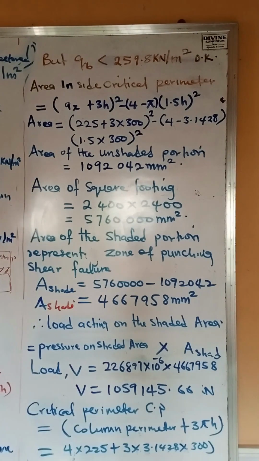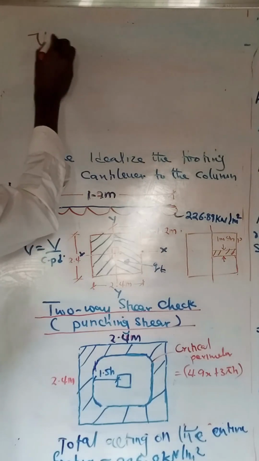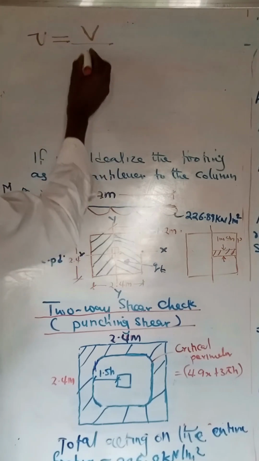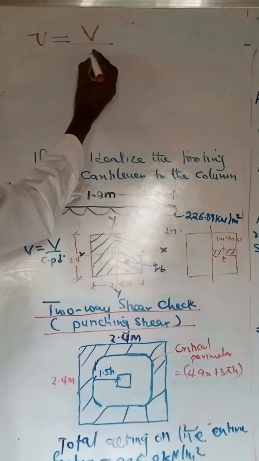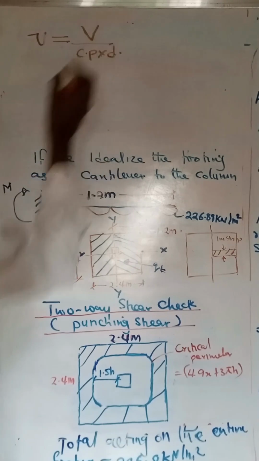Now, having solved for this, the next stage we are going to work on is to check the punching shear. When we're through with the punching shear, we'll come back to design the footing. So let's check for the punching shear in this case. Remember that punching shear stress is equal to the force acting at the failure zone, the shaded area, over the critical perimeter times the effective depth.